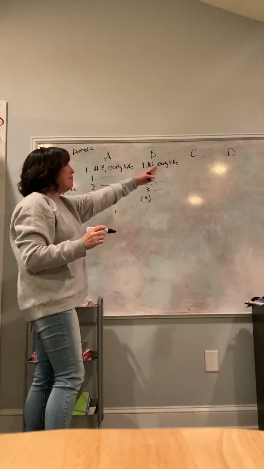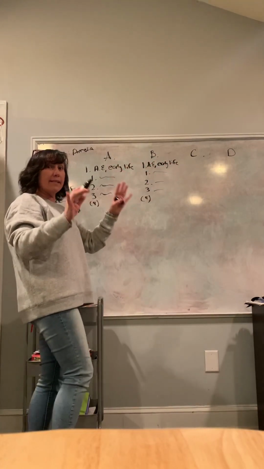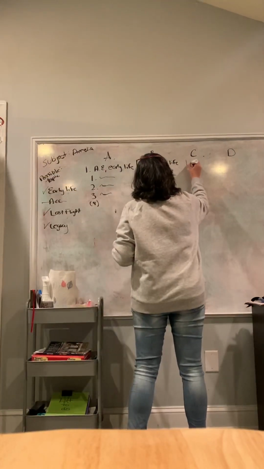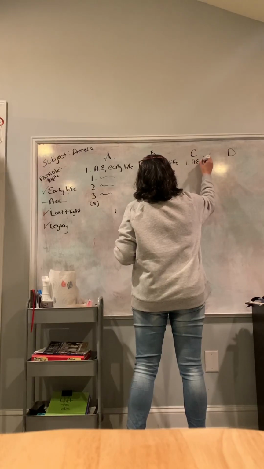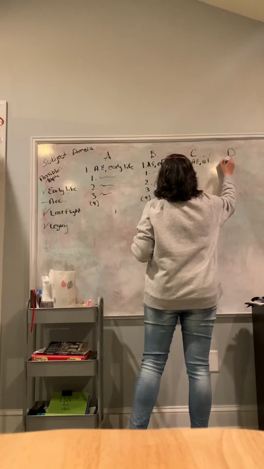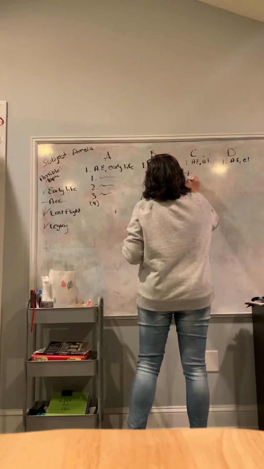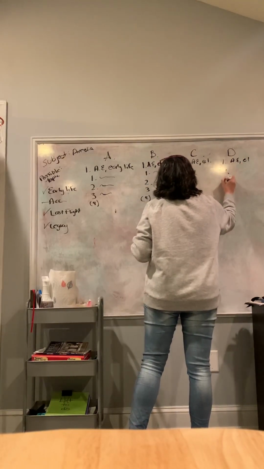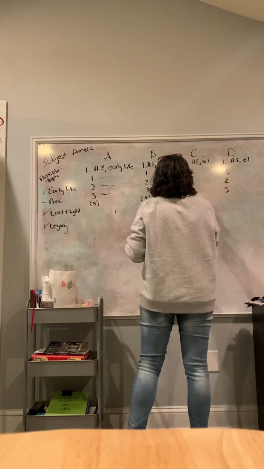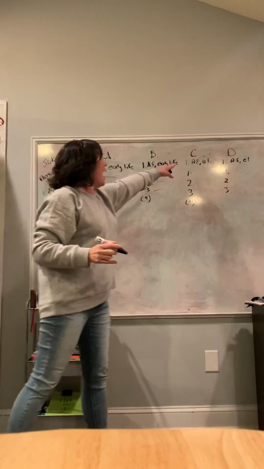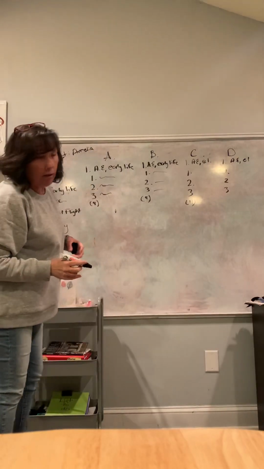Okay? Same thing for C and D. Every single time, I'm getting information about Amelia Earhart's early life. Okay? So I did A, E, E, L for Amelia Earhart early life.